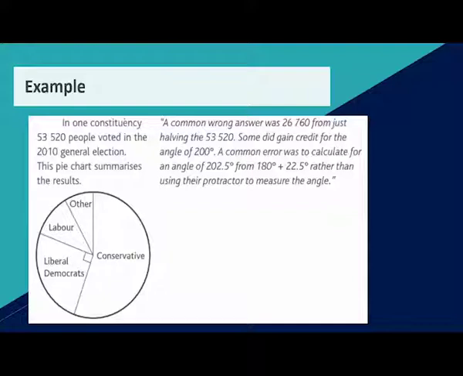Instead of taking a protractor and measuring the angle, they just estimate, and the most given answer was 26,760. So they are not answering the question. So better use your protractor and measure the angle and give the portion of the pie chart that summarizes the results.